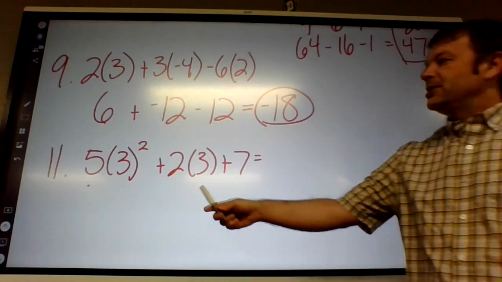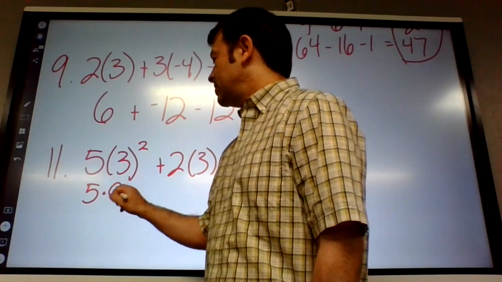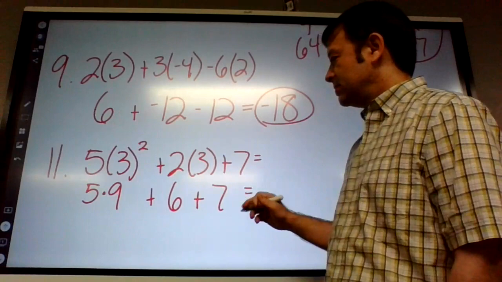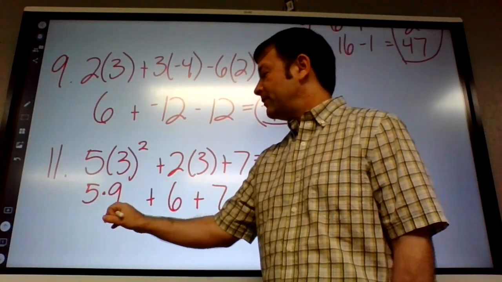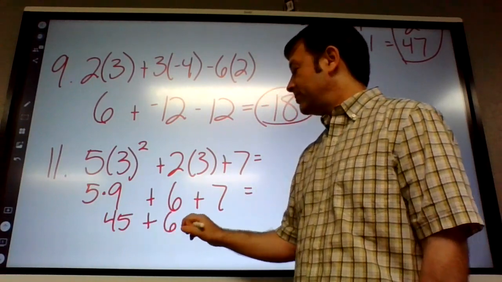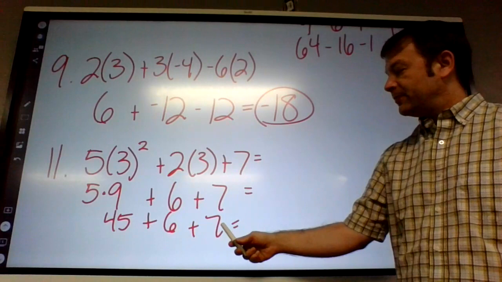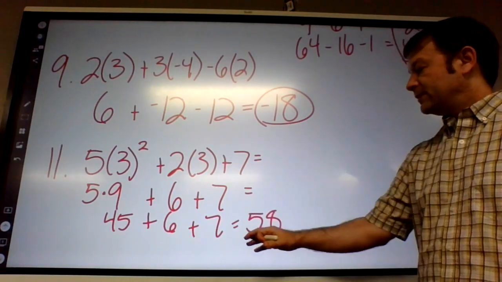Exponents. So 3 squared is 9, 2 times 3 is 6. So multiply comes next, 5 times 9 is 45. So 45 plus 6 is 51. 51 plus 7 is 58.